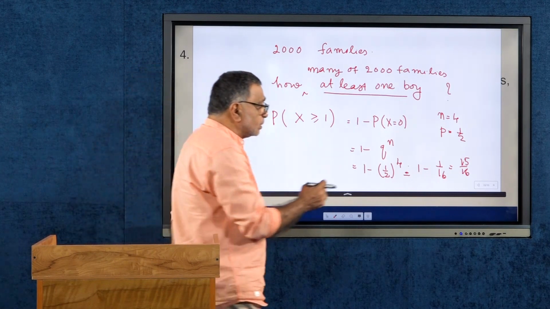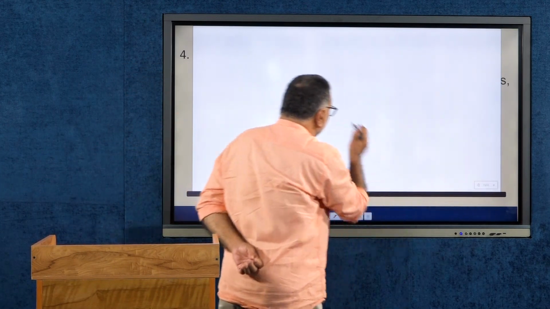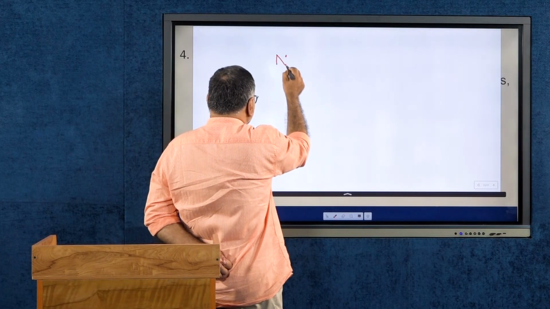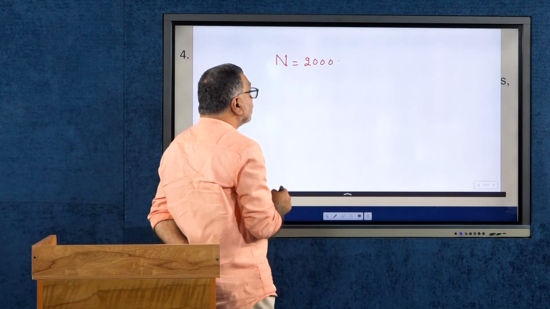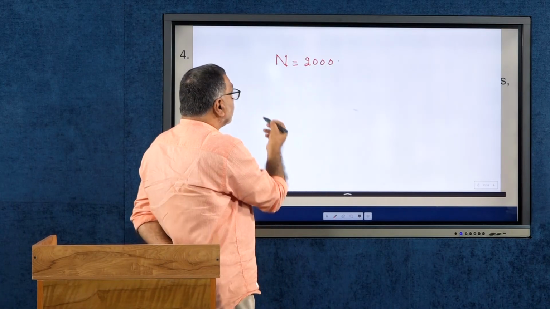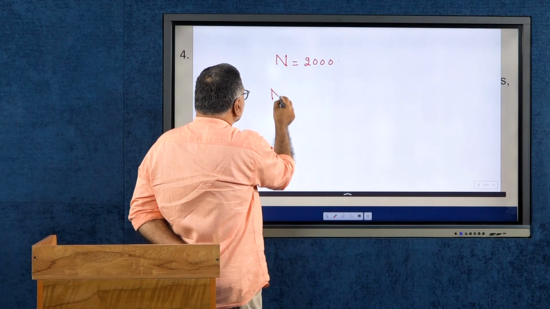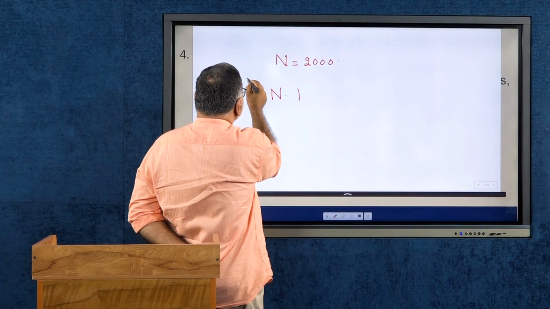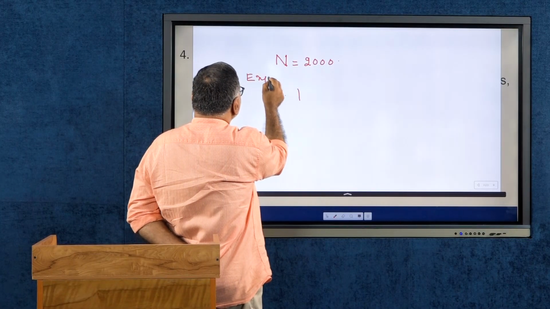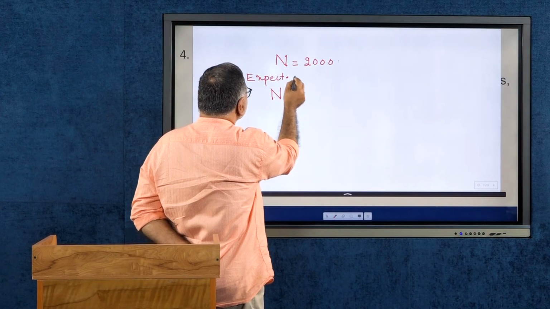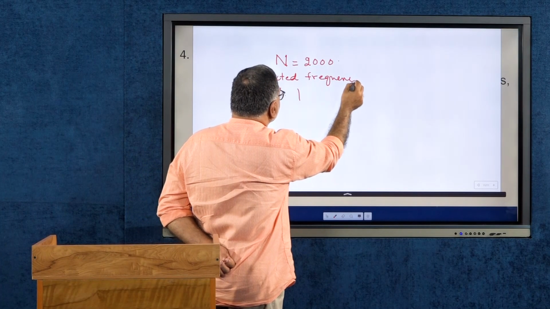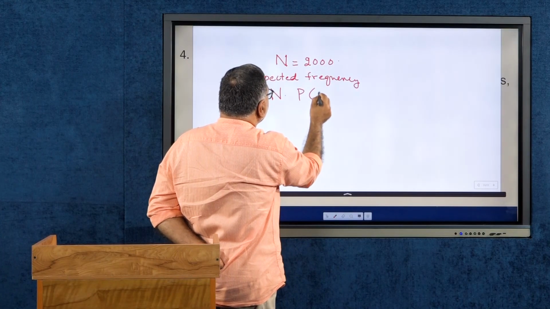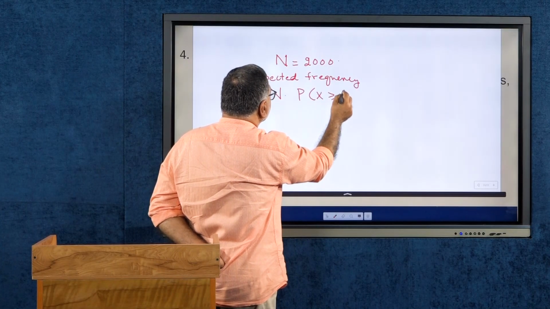Now the question is, out of these 2000 families, how many of them have at least one boy? We need the expected frequency, which is N times the probability of x greater than or equal to 1.